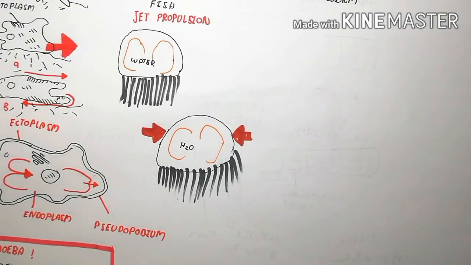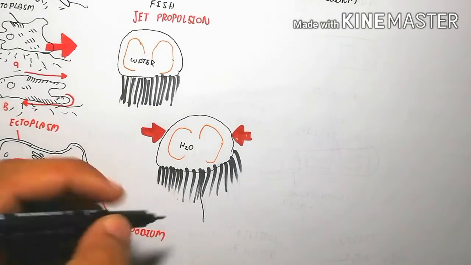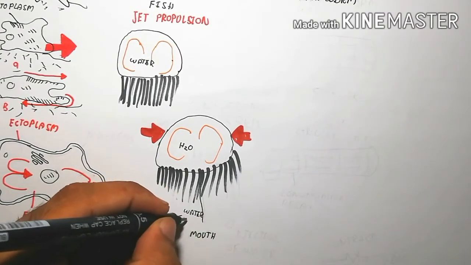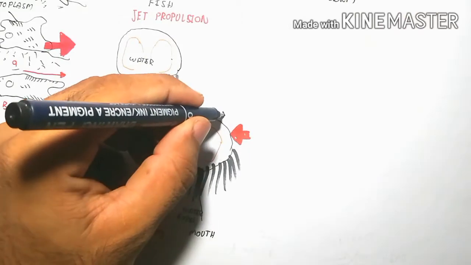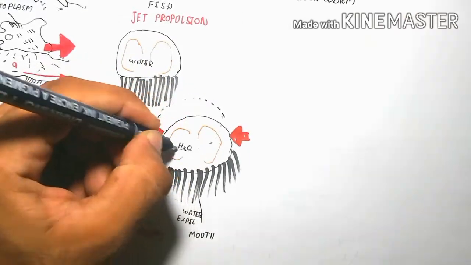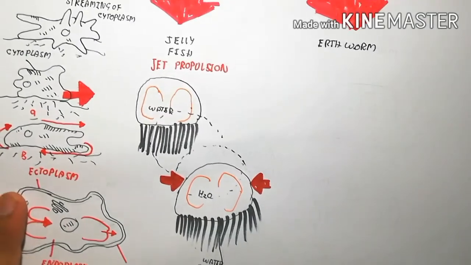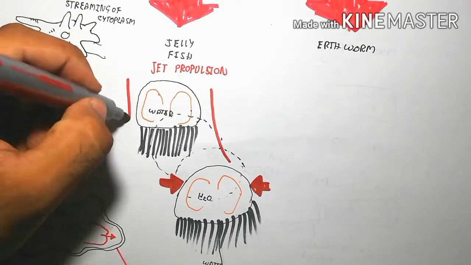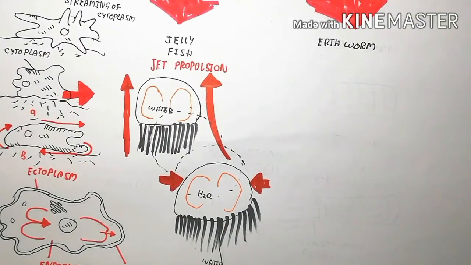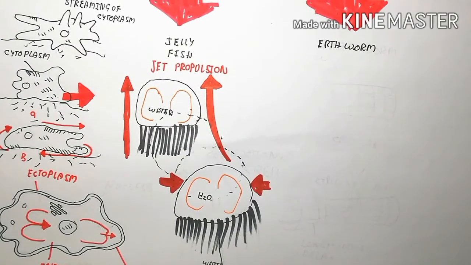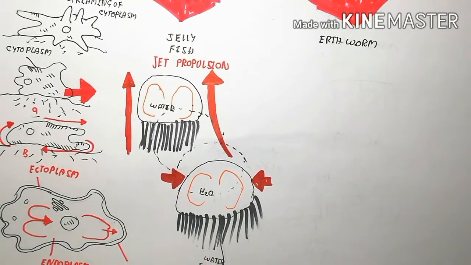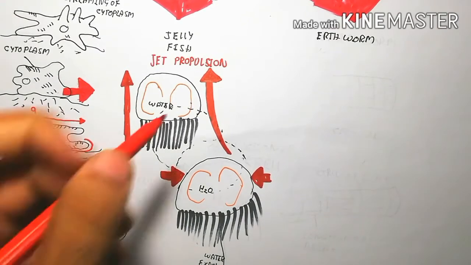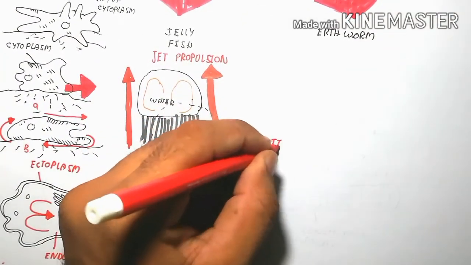Now we will discuss the water-filled gastrovascular cavity which is present, and the contraction of the bell. The upper portion is known as the bell, and below it, shown in black color, are the tentacles. The mouth is downward, and the gastrovascular cavity is filled with water through the mouth, and after releasing it, jet propulsion is produced, and the force moves the jellyfish upward or wherever it wants to go in the water.